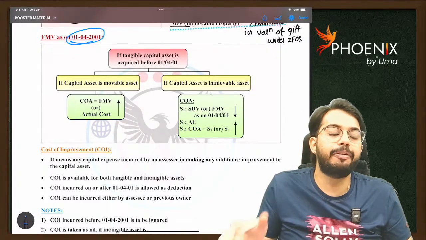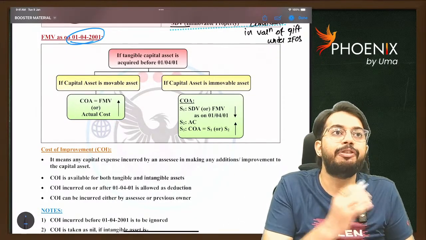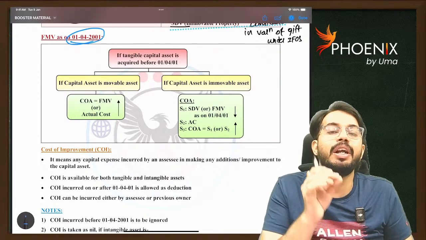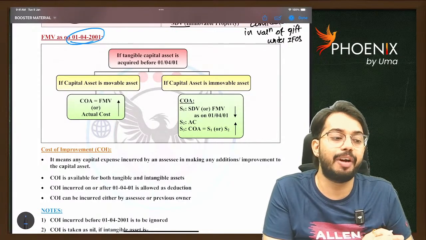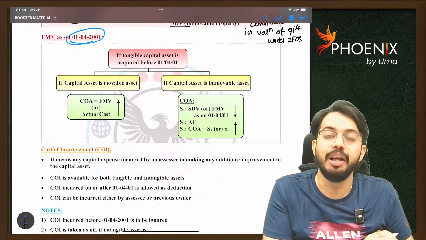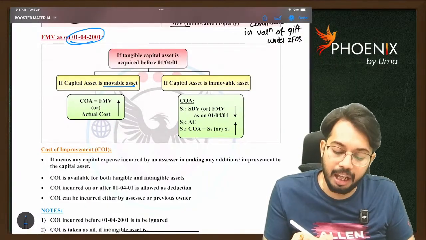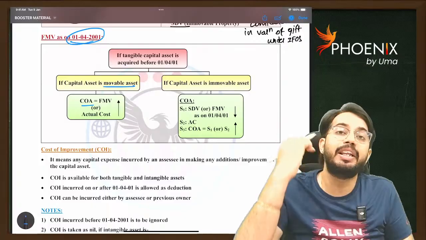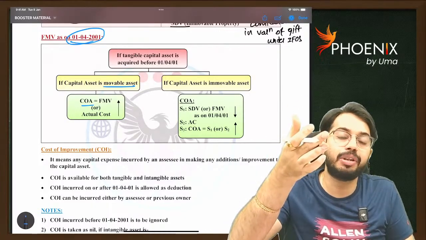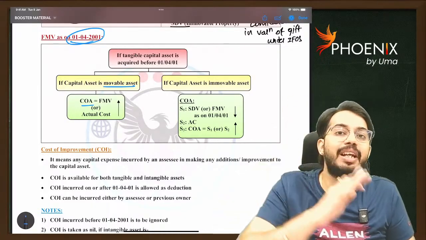See, if you purchased any capital asset before 1st April 2001, you can take the benefit of fair market value as on 1st April 2001. If you purchase a movable asset before 1st April 2001, then the cost of acquisition is equal to either fair market value as on 1st April 2001 or actual cost, whichever is higher.